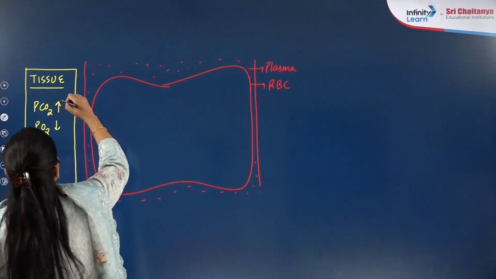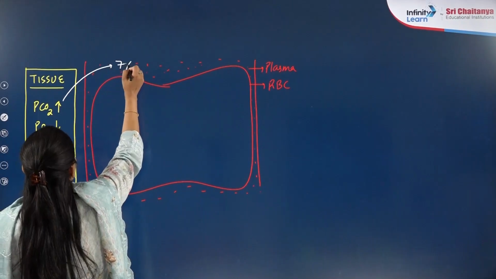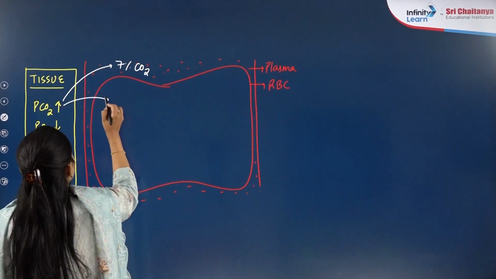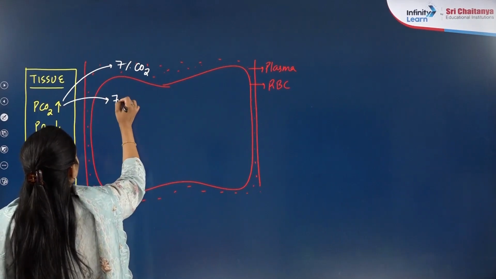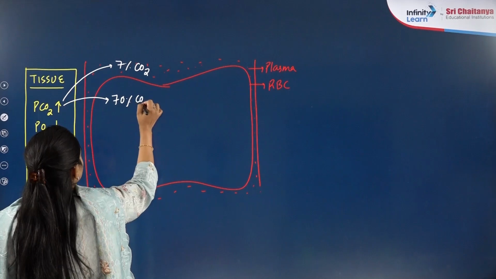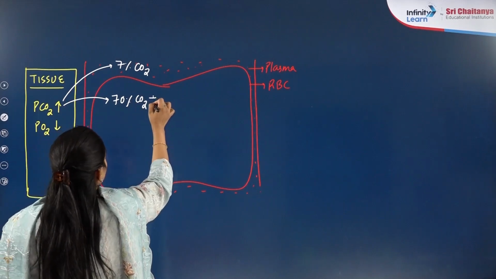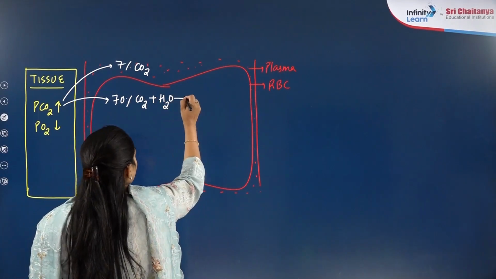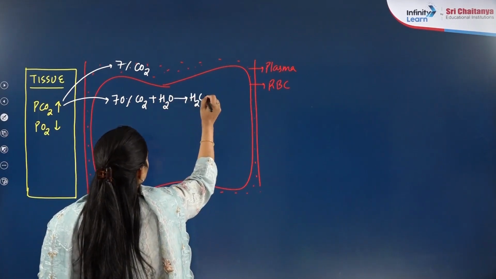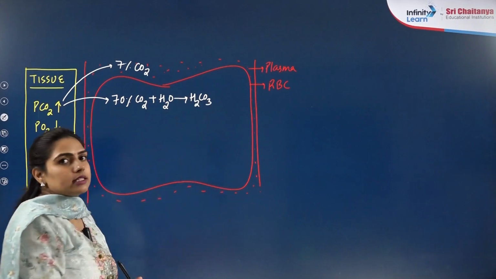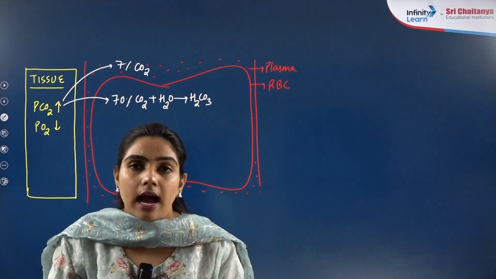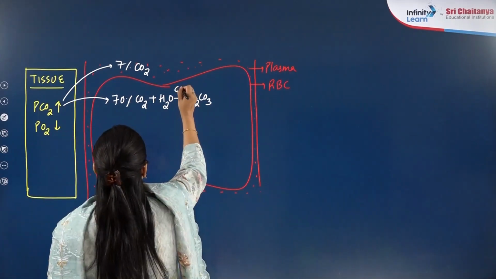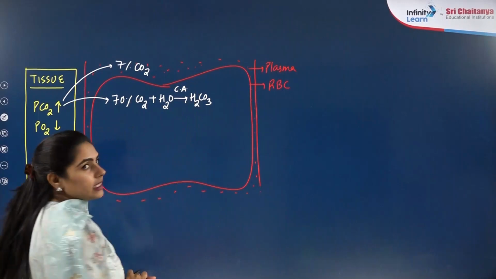I have told you that 7% of this CO2 comes and gets dissolved in the plasma. Now I am going to tell you a very interesting thing: 70% of CO2 is going to come into the RBC and react with water to form H2CO3. What is this? This is carbonic acid, and this reaction will occur in the presence of an enzyme, carbonic anhydrase.